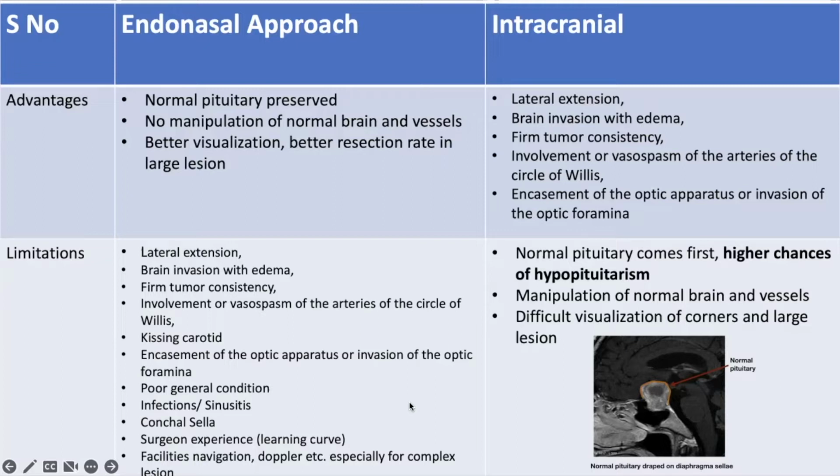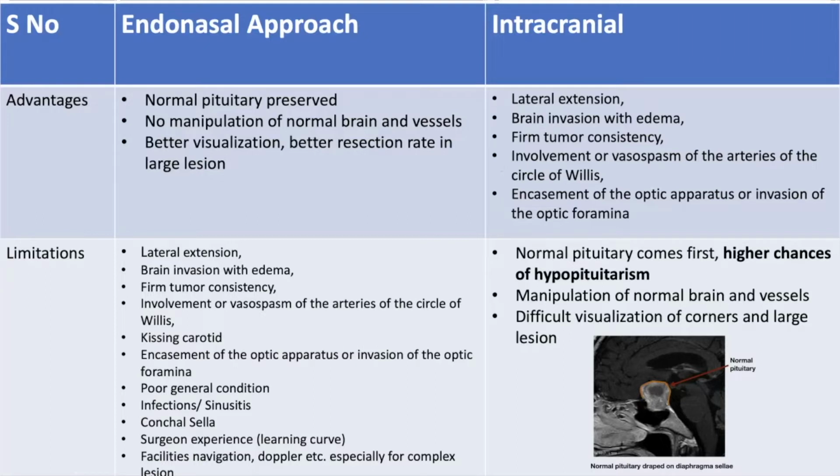On the other hand, the limitations of the endonasal approach become the advantages of transcranial, such as if there is large extension, you can deal with it better, as well as brain invasion with edema, firm tumor consistency, and involvement of the vessel or the nerve.